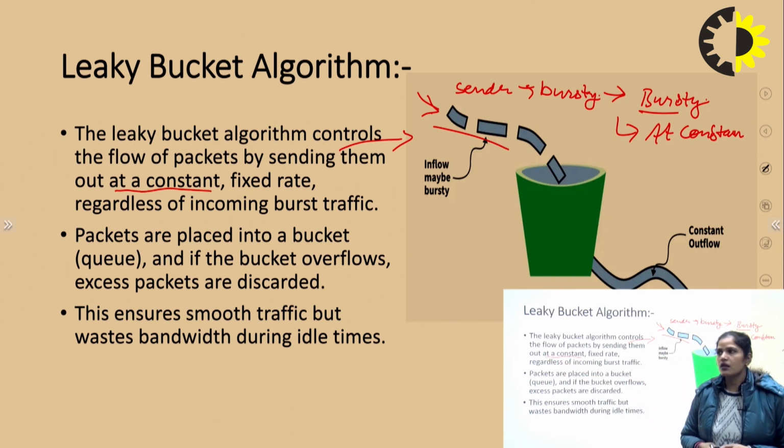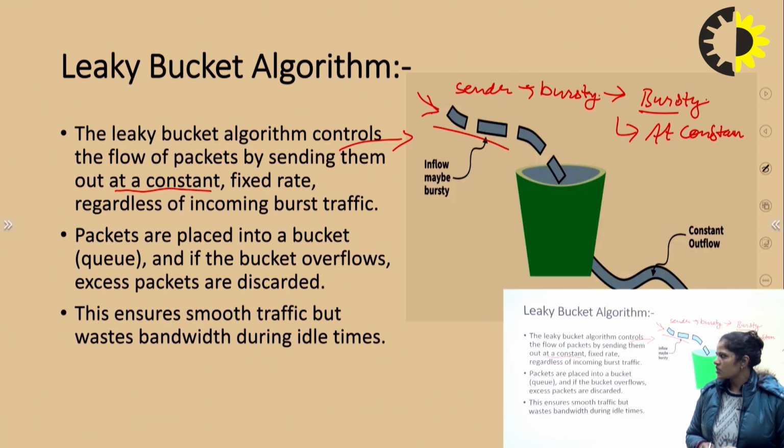This is the main point of this topic: fixed rate regardless of incoming burst traffic. So traffic is bursty in nature, but the flow of data through the leaky bucket algorithm is always at a fixed rate, right?